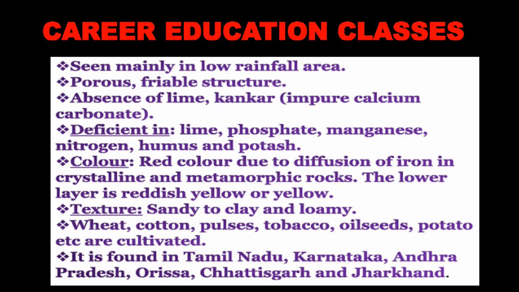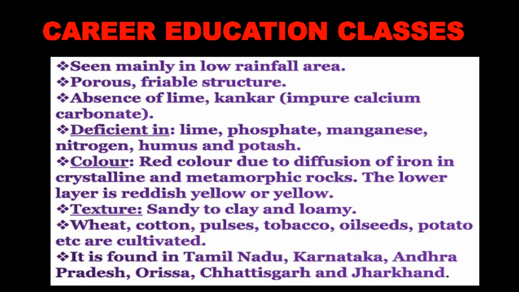The color is red due to diffusion of iron. It is mainly sandy to clay and loamy. Wheat, cotton and pulses are grown on this soil. Tamil Nadu, Karnataka, Andhra Pradesh, Orissa, Chhattisgarh and Jharkhand are where this soil is usually found.